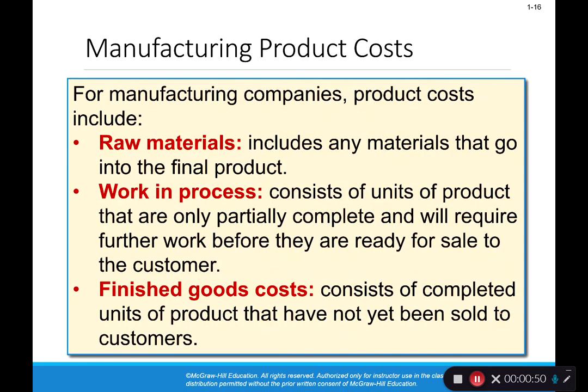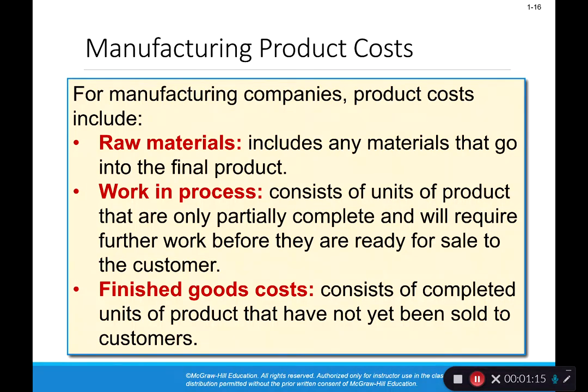So our manufacturing product costs include 3 different types of inventory. The raw materials that we haven't touched yet are considered raw materials inventory. This would be the materials that go into the final product, like the glass that we mentioned that goes into your iPhone, or the metal casing, or the little cameras that go into it. Those would all be raw materials.